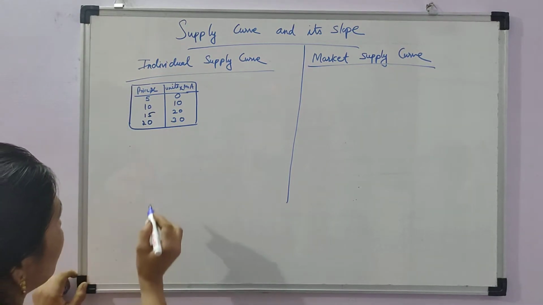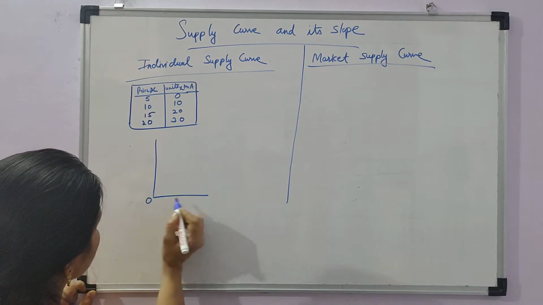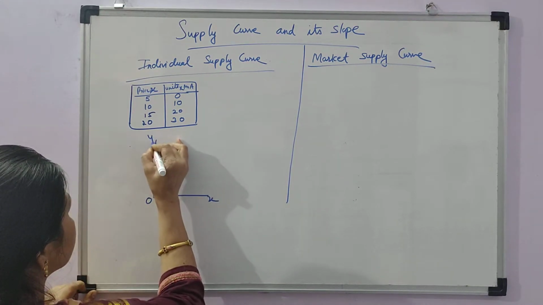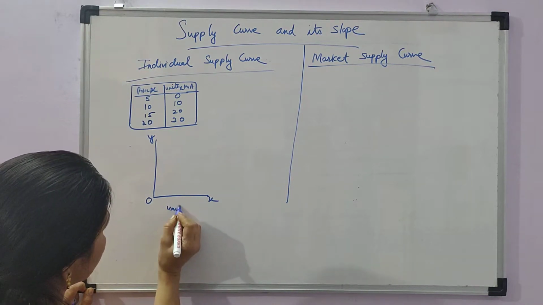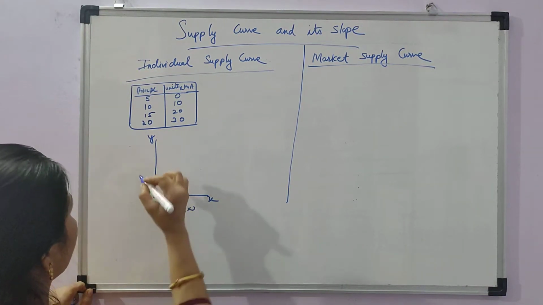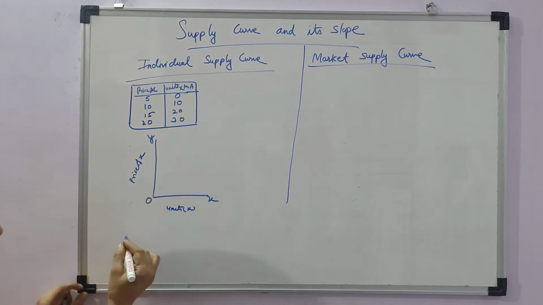A. Now how can you make the graph from the supply schedule, that is the supply curve. On the x-axis you are plotting the units of X commodity, and on the y-axis you are plotting the price of X commodity.